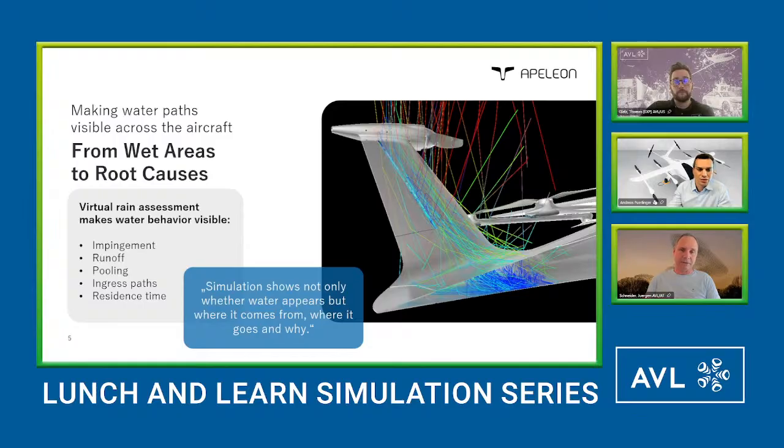And maybe I just add a few comments from my side here, because I think simulation also allows to isolate effects. So it's not only in a very early phase to get an idea about critical design problems, but also if you isolate, it's much easier to do that on the simulation side than on the testing side.